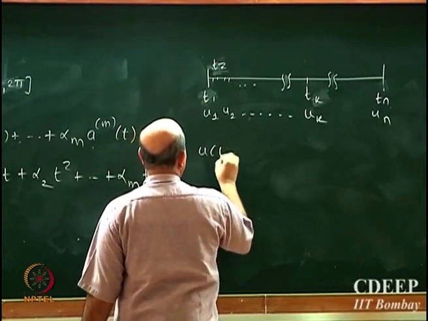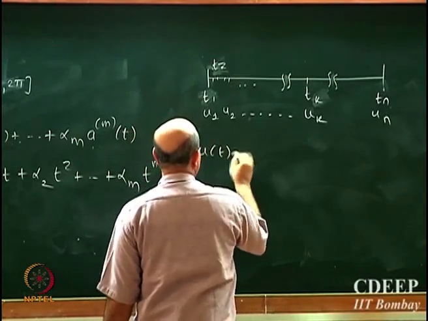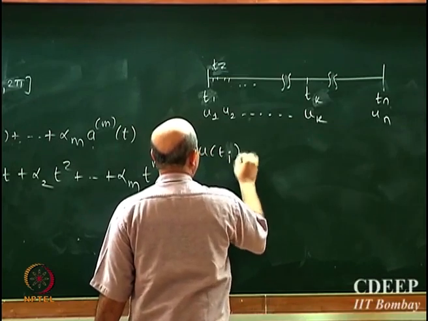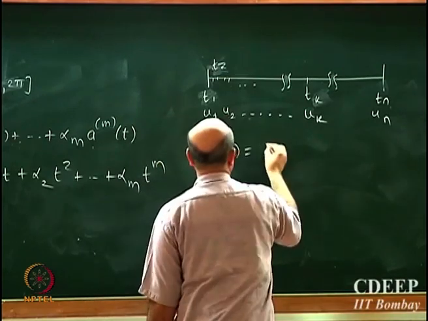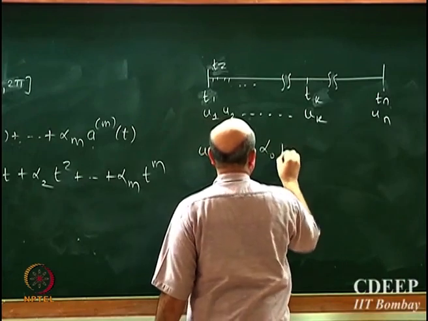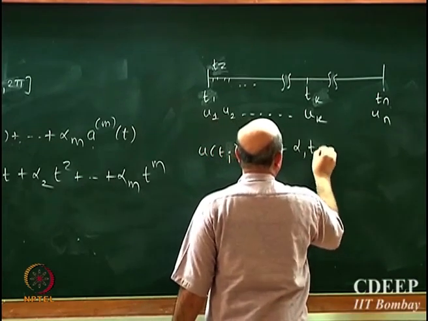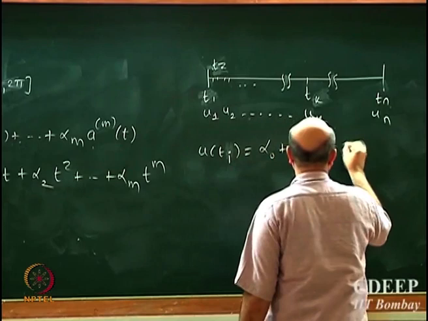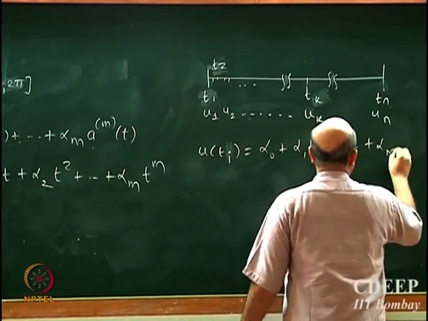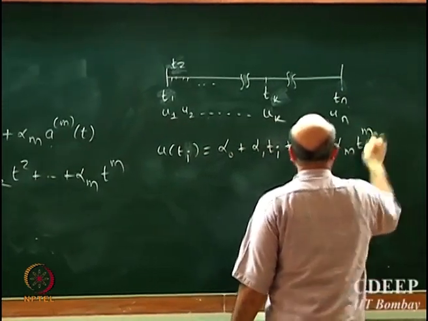Then at each point you will write this equation, that is the approximation: u(ti) is equal to alpha 0 plus alpha 1 ti plus up to alpha m ti to the power m.